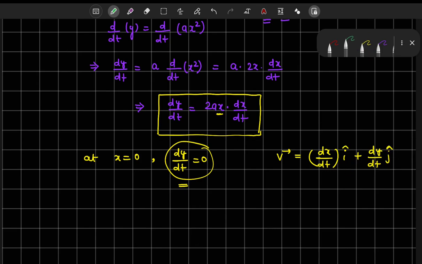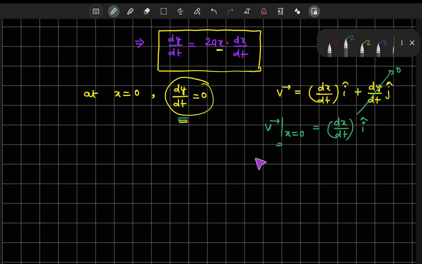Here dy by dt is 0 as we have found out here. So the velocity vector at x is equal to 0, we can write as dx by dt i cap, and if we write the magnitude of this particular velocity vector at x is equal to 0, that is constant at every place, and it is given as v, that is equal to dx by dt. Okay, so dx by dt is v.